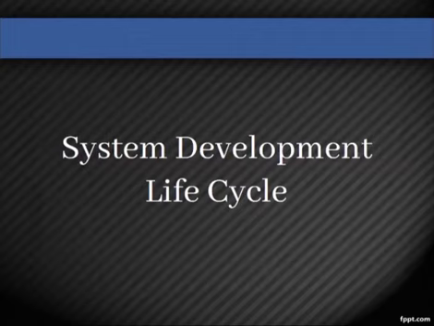Okay. Now we have learned what a system is, and we learned that every system needs to have an input, process, and output. Then we learned about the information system, that is the system that provides information through data.